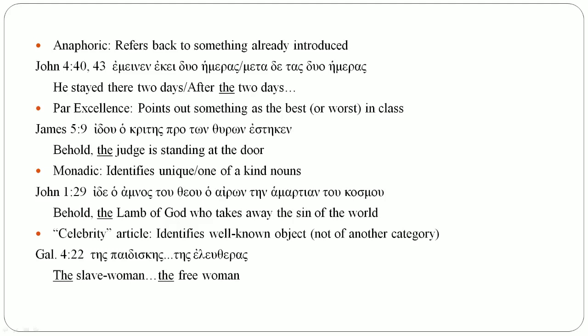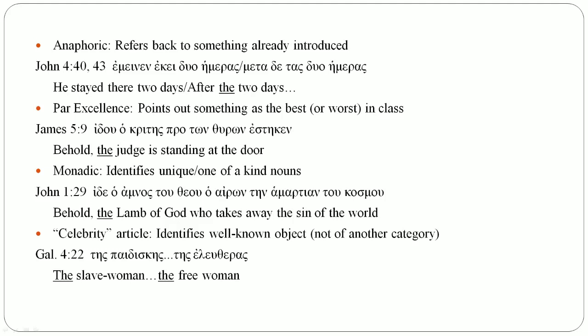The first of these categories is the individualizing article. Again, all of these uses are sort of pointing out something about a noun or a pronoun or some person. The first use, or subcategory, is called the anaphoric article.